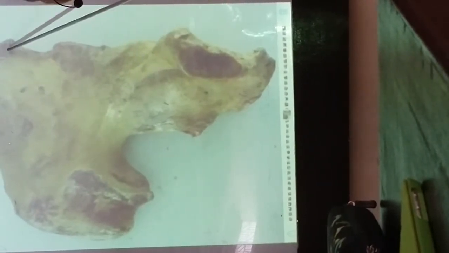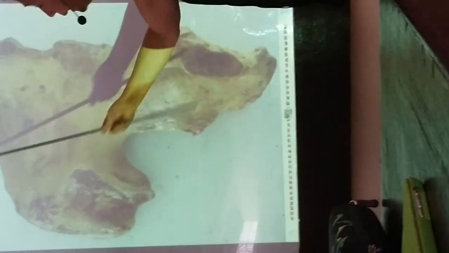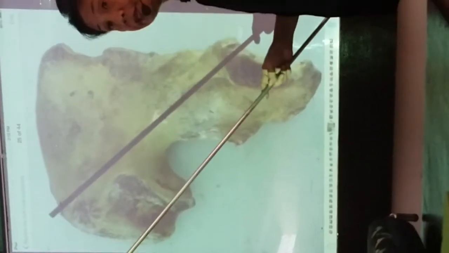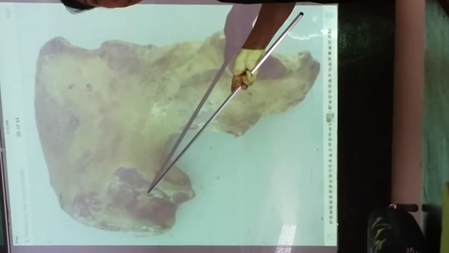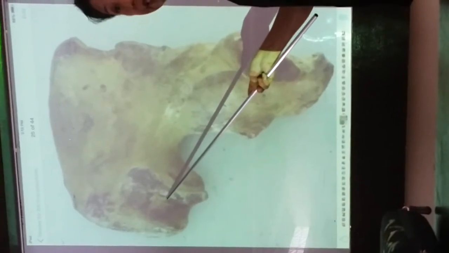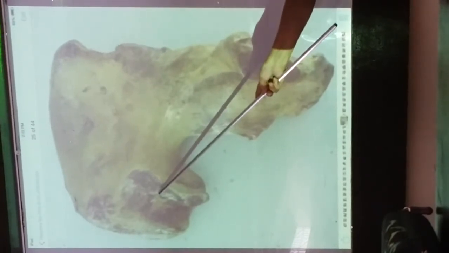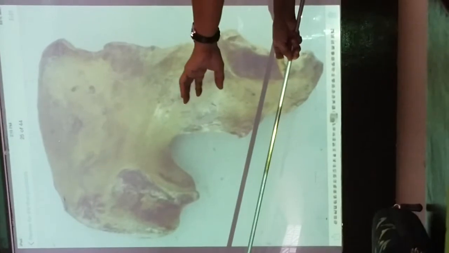Anterior superior, anterior inferior iliac spine. Iliac crest is at the level of L4, which is an important landmark when you do lumbar tap. And this one articulates with sacrum, forming what joint? Sacroiliac joint. So this auricular surface here is for articulation with sacrum.